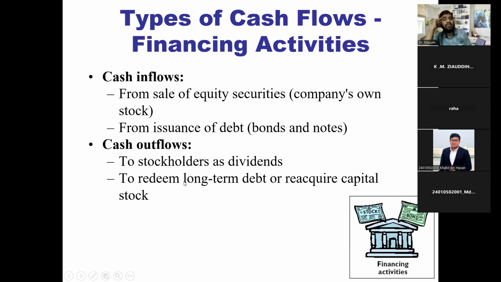That means you issued long-term debt, now you are paying long-term debt, so it is outflow. Or reacquire capital. You sold shares of your company, equity. Now you buy back. This is also known as buyback of own shares of the company.